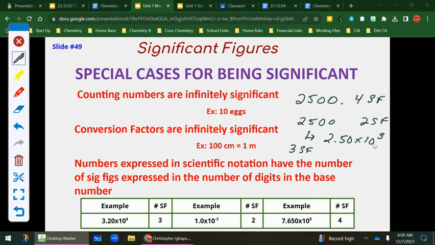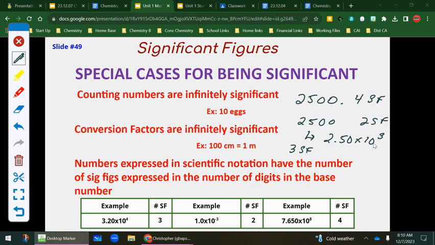2.50 times 10 to the 3rd. And that is another reason that we have scientific notation, ladies and gentlemen. It's not just to get rid of all these extra zeros in a really large or really small number, but it lets us sometimes control our sig figs. We will almost never have to do that in here, hopefully. I can't guarantee it, but that is another reason to use scientific notation.